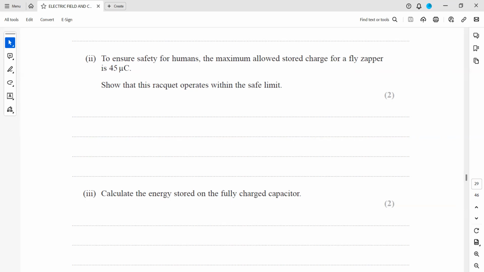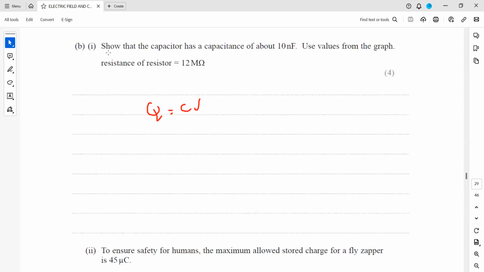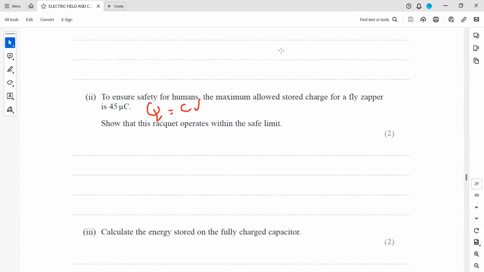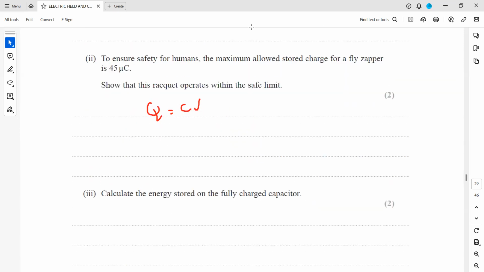After working out the capacitance here in this one, which is about 10 nanofarad, and the maximum voltage is 1500, you can work out both ways. You can work out using the formula Q equals CV the maximum charge stored, or you can use the maximum charge in the capacitor and find how much the voltage is.